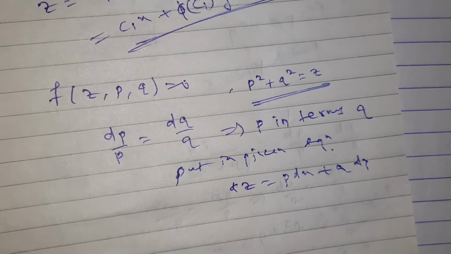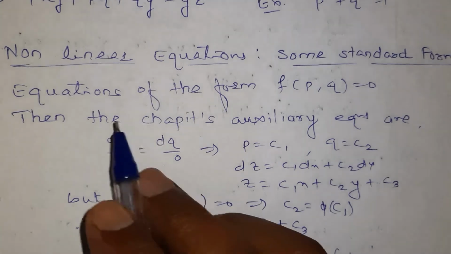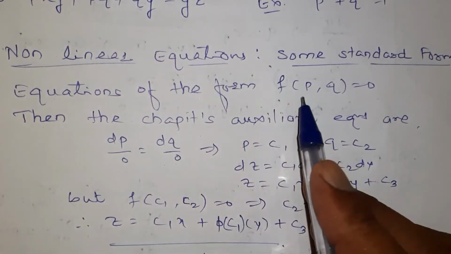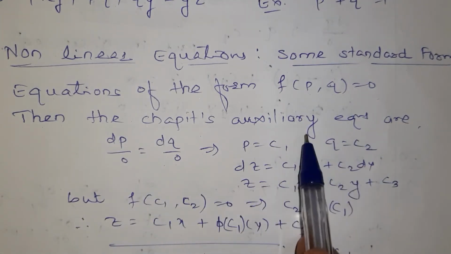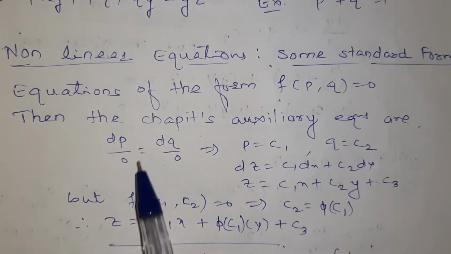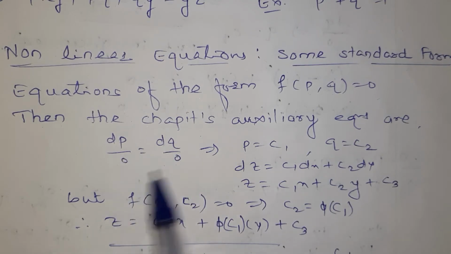Now these two cases, we just write properly and read them, because I think these two are very important. See, for an equation of the form f of p, q equal to 0, Charpit's subsidiary equation is dp upon 0 is equal to dq upon 0, because other terms may be present, but from these two we get the answer.